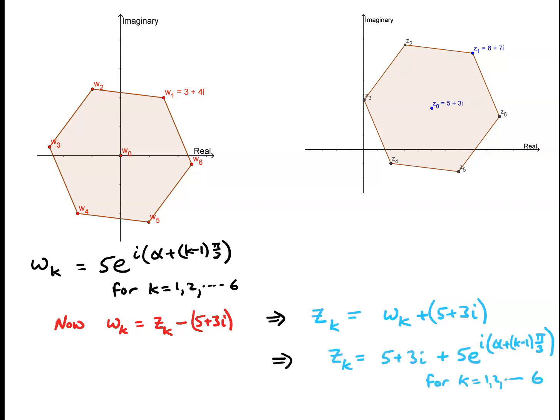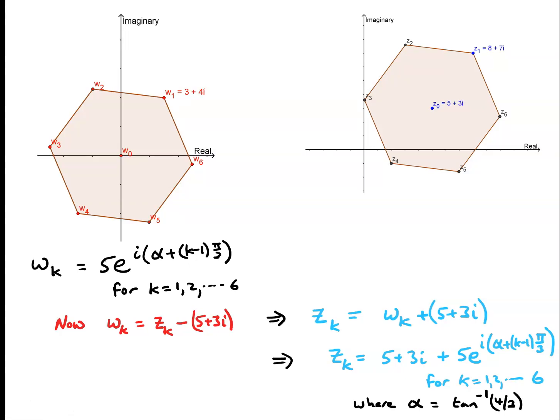So we've now got zk is 5 plus 3i plus 5 times e to the i times alpha plus k minus 1 pi by 3 for k equals 1, 2, 3, 4, 5 and 6. Okay, and the only thing we have to remember is that alpha is tan to the minus 1 of 4 upon 3.